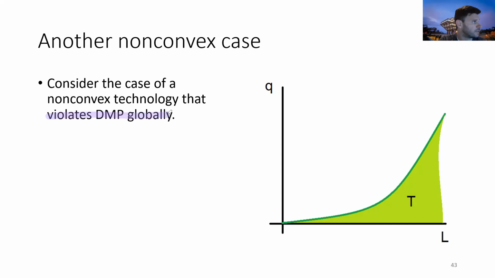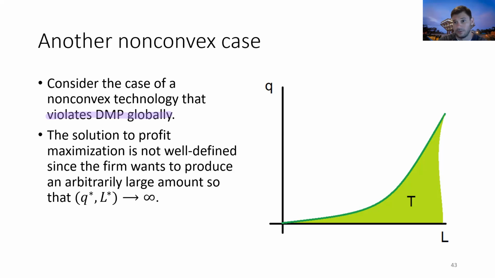Globally means for any value of L, not just for some values. And we argued at the end of last segment that the solution to this problem, given that we don't have a great technology in terms of satisfying the diminishing marginal product of labor condition, was for the firm to arbitrarily scale up output to an infinite level.